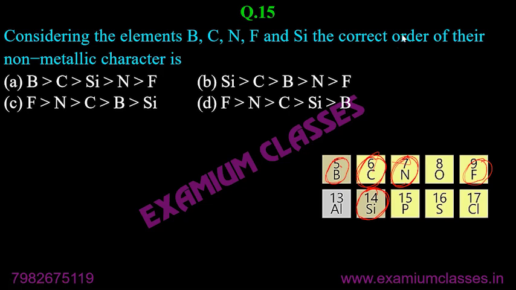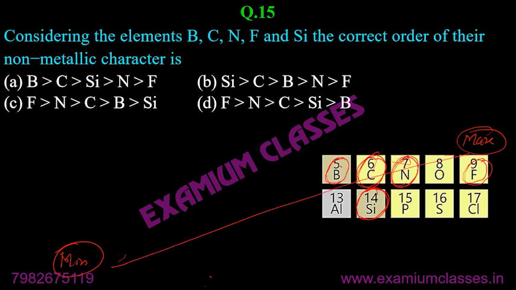Decreasing order. Okay. So metallic character is maximum here, and we are talking about non-metallic character. Non-metallic character is maximum here, minimum here in the periodic table. Because it is given in decreasing order, the arrow will be like this, non-metallic character.